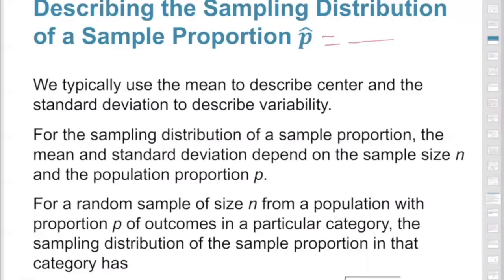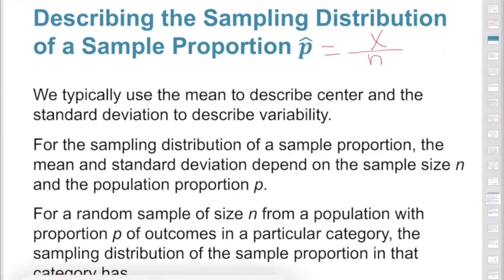It's so easy. It's X divided by N. What is X in the binomial distribution? X is the number of successes, and N is the number of trials.